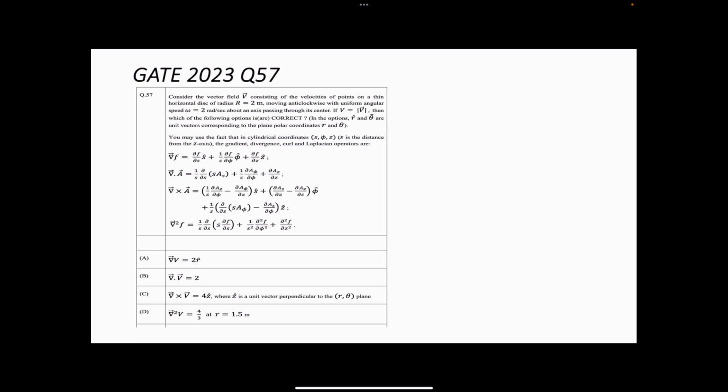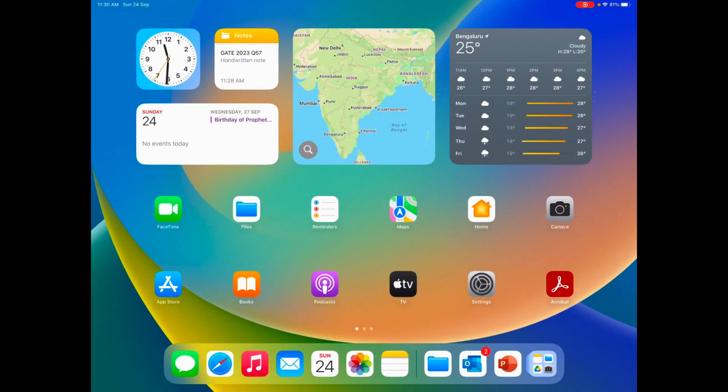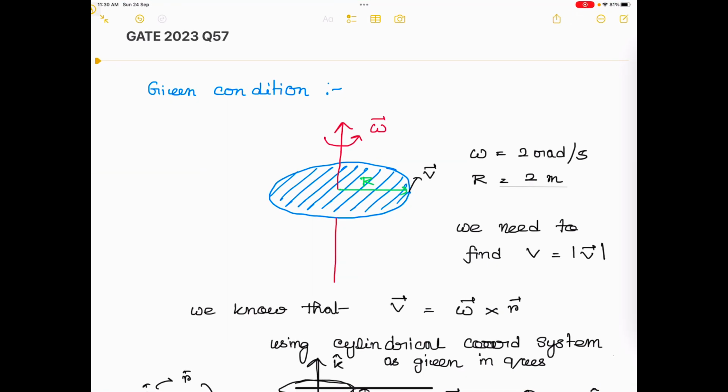Whatever is given in this question, I have just drawn it here. This is a horizontal disk, and about the center it is rotating in an anti-clockwise direction, which is shown by this arrow, with some angular velocity omega, and the radius of the disk is capital R, and V is the corresponding velocity.